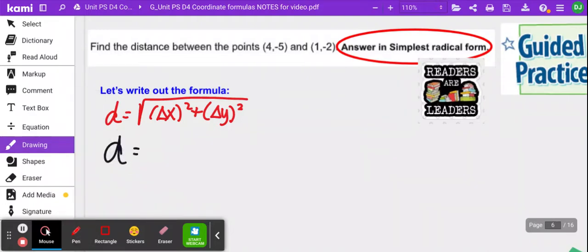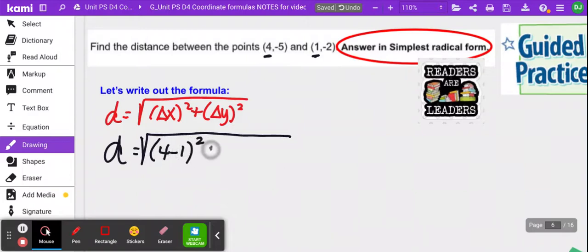Now, same way I do slope, I like to come up to my numbers and make sure I'm grabbing the right 2 numbers. So I'm going to make a really big square root. And now I want to grab the x's. So I'm going to underline my x's, 4 and 1. 4 minus 1 squared plus, so simple.